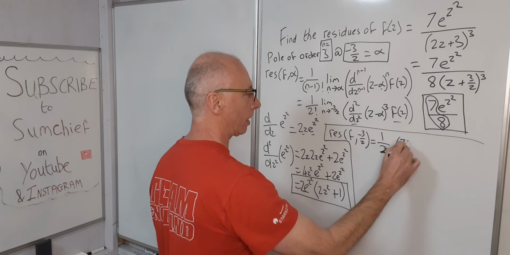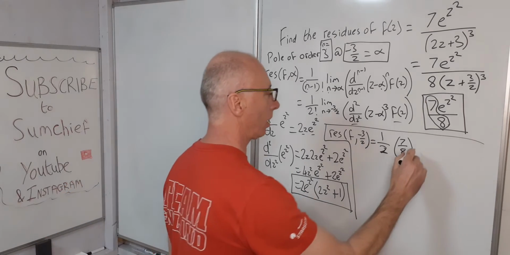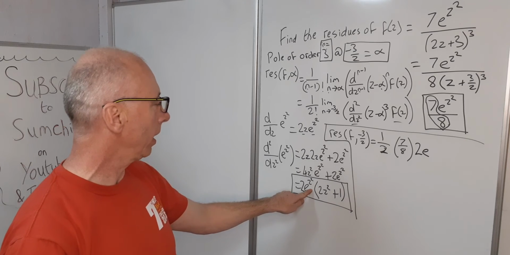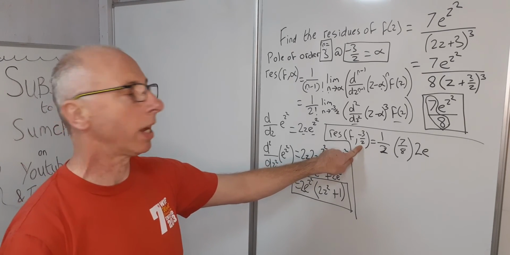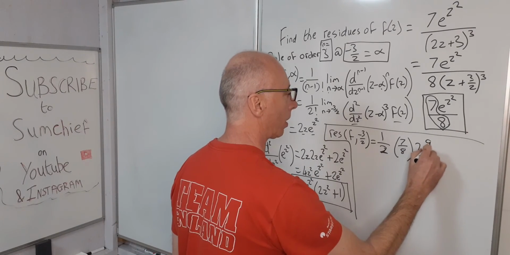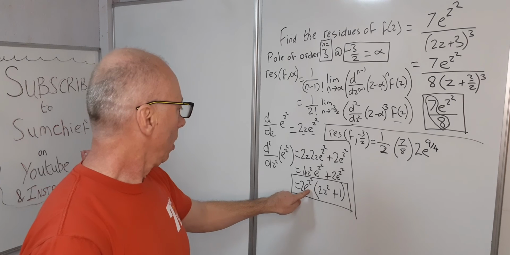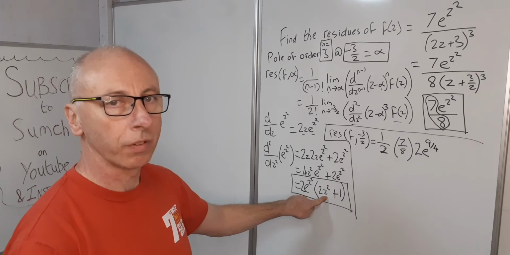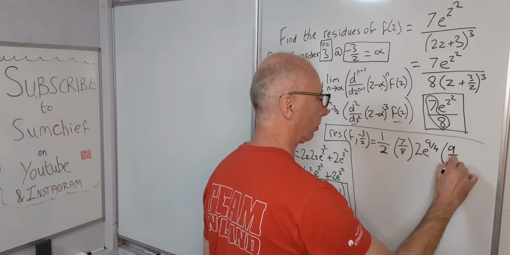So 7 over 8, times 2e to the z squared, where our z here is minus 3 over 2, so straight in there with minus 3 over 2 squared, which is 9 over 4. And then the 2z squared is 2 times 9 over 4, which is 9 over 2, plus 1.